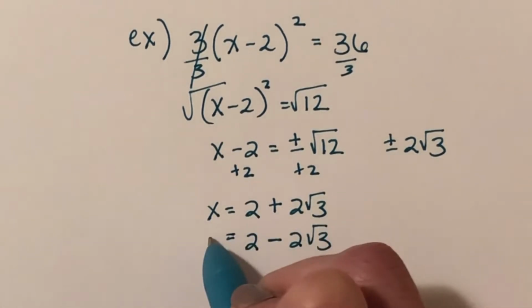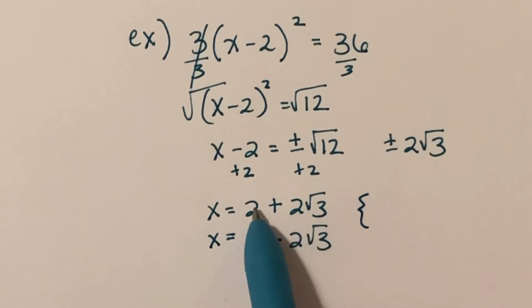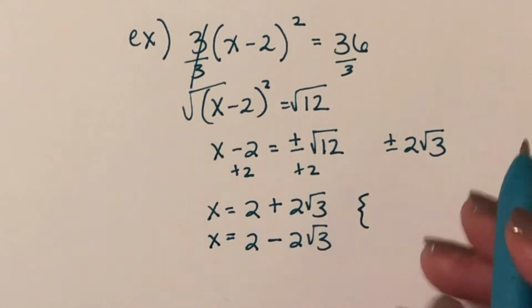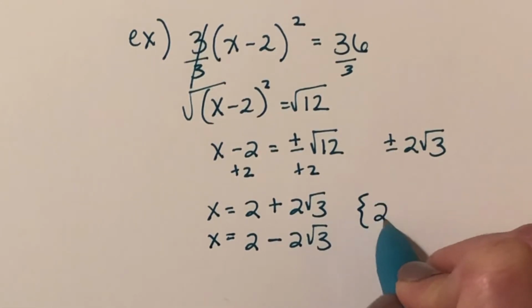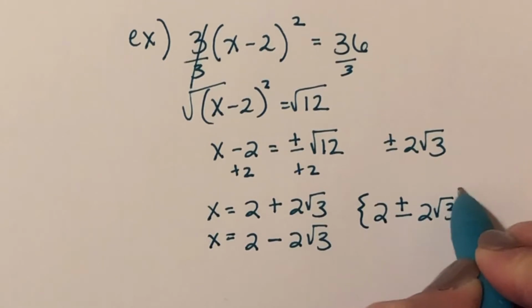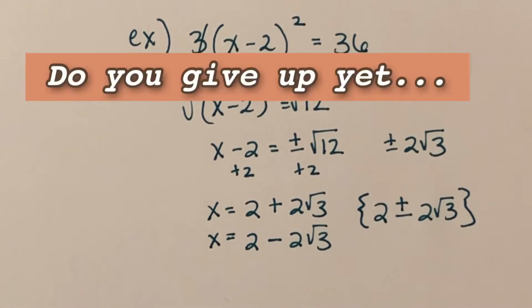So I could write it like this, or I could write it using this. Sometimes if the only thing that's different is positive and negative, I can simplify it by just saying 2 plus and minus 2 root 3. This shows that I do have two different solutions, 2 plus 2 root 3 and 2 minus 2 root 3.